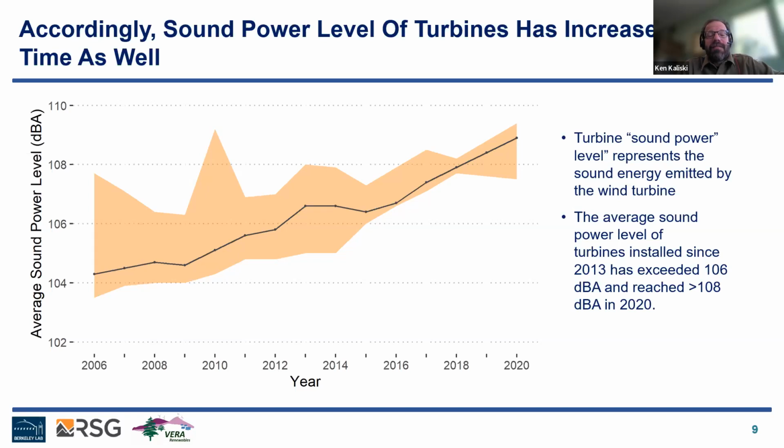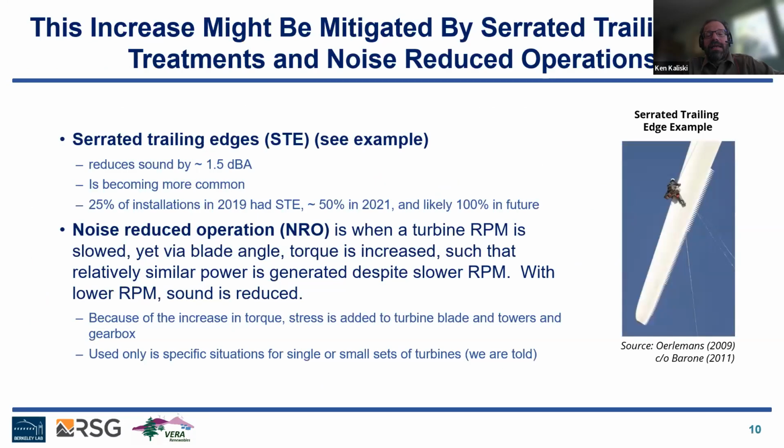Now, I'm going to caveat this by saying that this graph does not include the effect of serrated trailing edges or noise-reduced operations. So in actual fact, because serrated trailing edge implementation in the projects are becoming more common, the sound power of the installed capacity is likely to be flattening out.